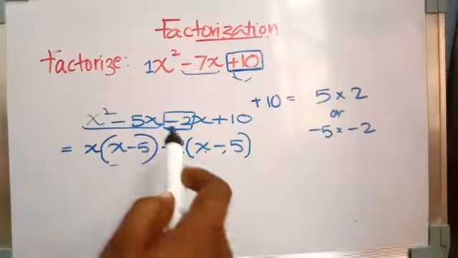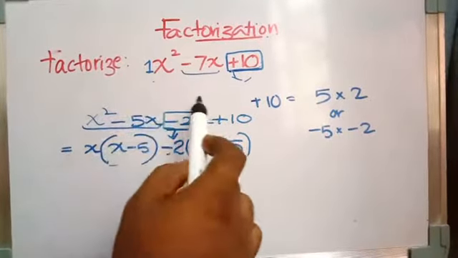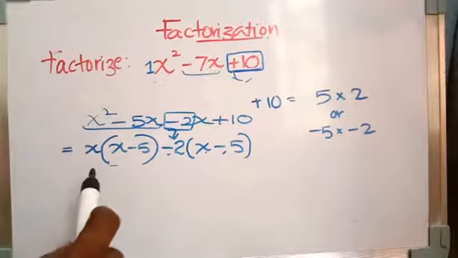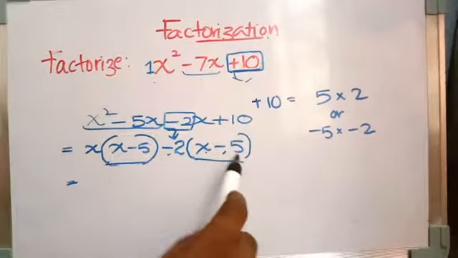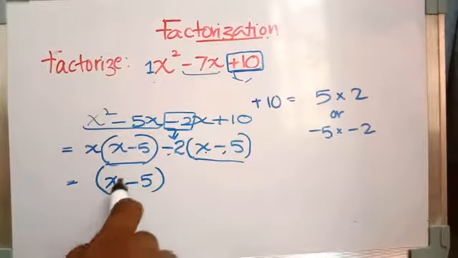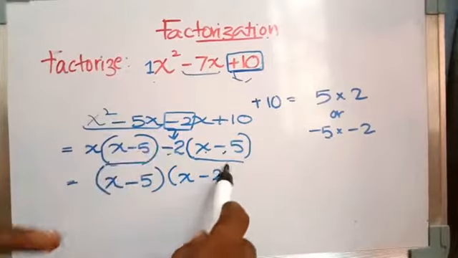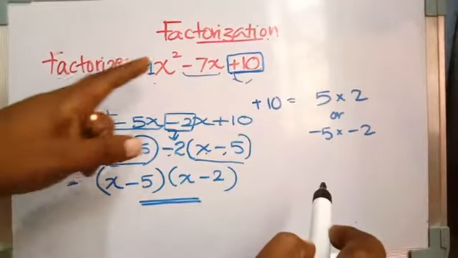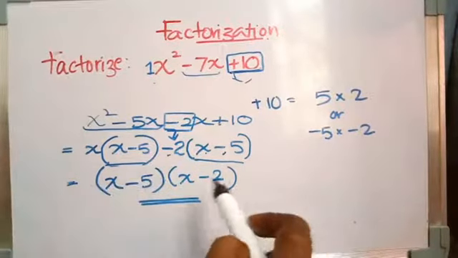Okay, if the coefficient of x squared is 1, we call it a monic expression, M-O-N-I-C. Now you can find x minus 5, x minus 5. So x minus 5 is a common term. The rest we have is x minus 2. So we factorized x squared minus 7x plus 10 as x minus 5 into x minus 2.